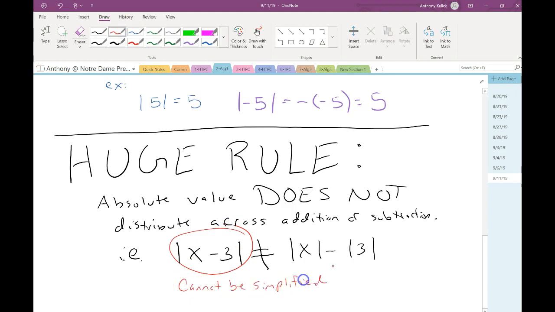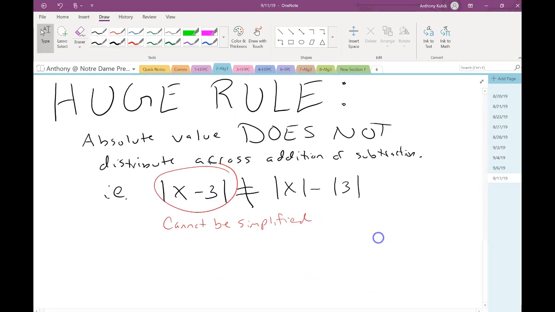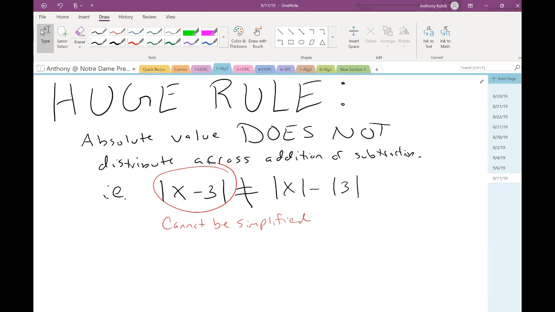In fact, the absolute value of x minus 3, there's nothing more we can do to simplify that. That's as simple as we can make that. Okay? This is a big deduction if you make this kind of mistake on a test or something. Everybody okay with that idea?